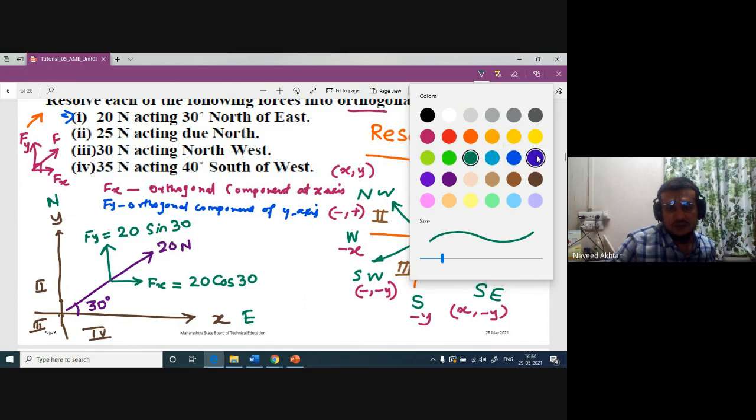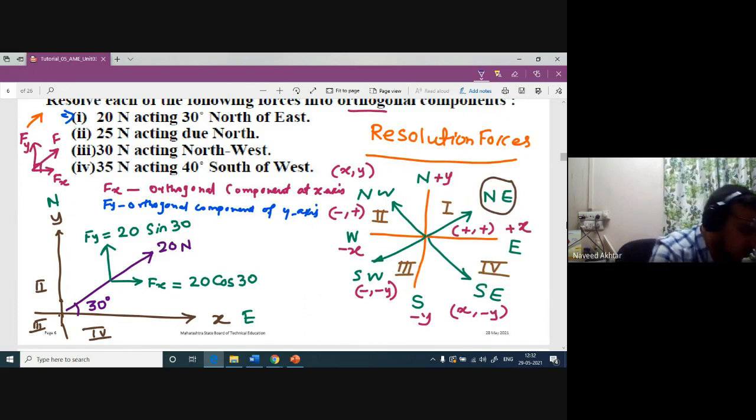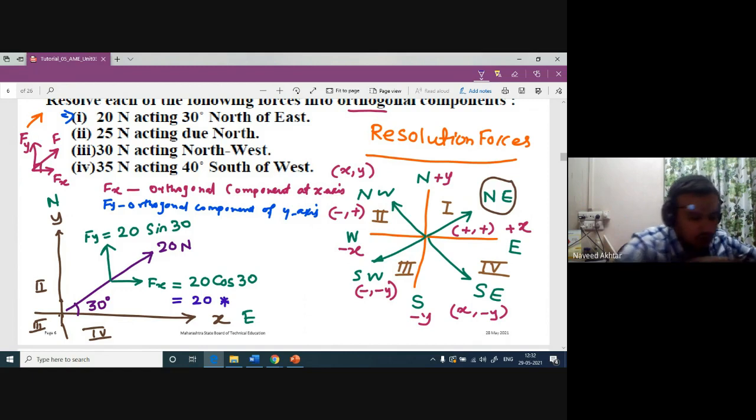I will write down the value of Fx. The value of Fx is equal to 20 into cos of 30. What is the cos of 30 value? Cos 30 is nothing but 0.866.